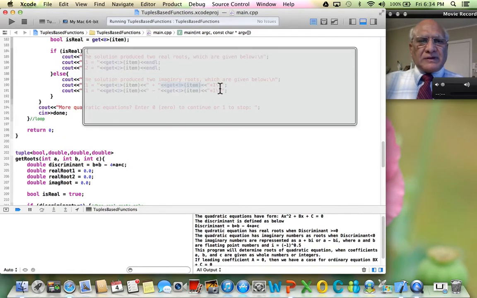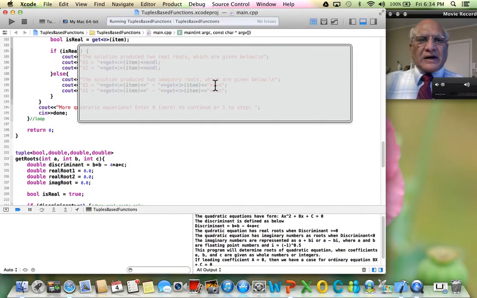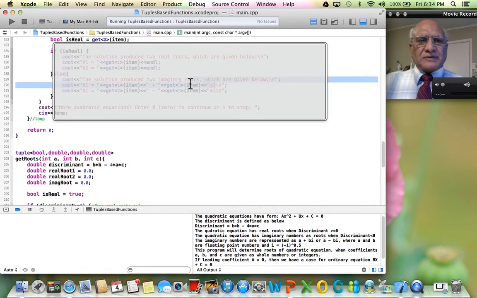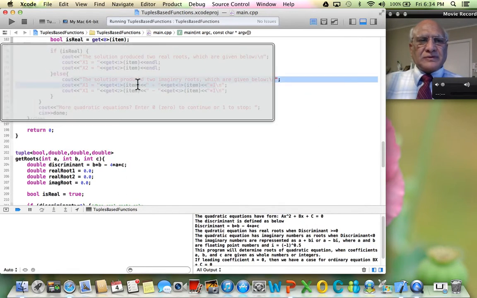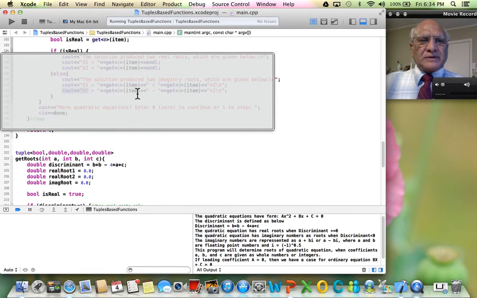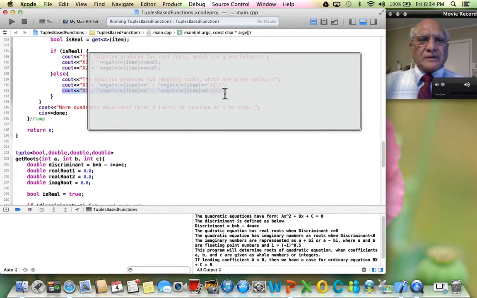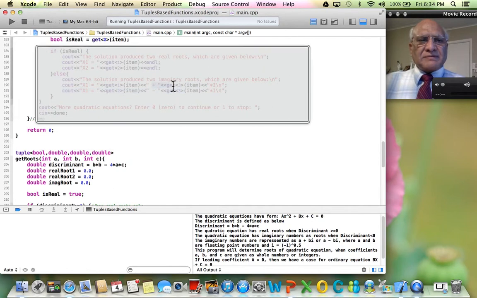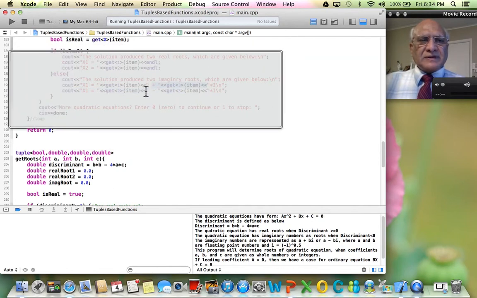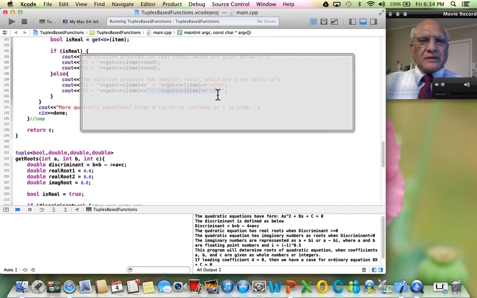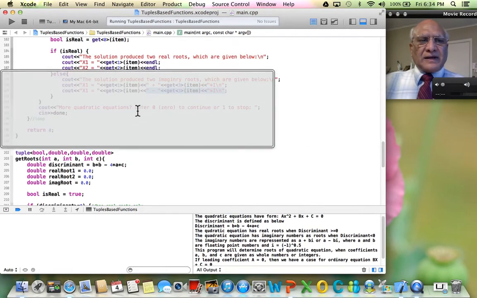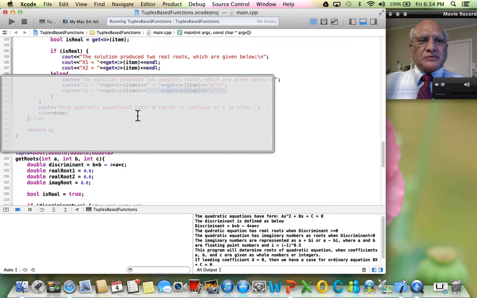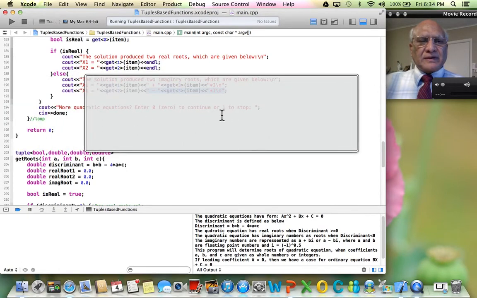And notice that we multiply with an asterisk and I is the square root of -1, which is placed with the imaginary part of the number. So we print the first imaginary root, and then we print the second imaginary root here. The only difference between the two roots really will be, in one case the imaginary number will be positive, in the other case the imaginary number will be negative. Okay. And then of course I have a loop here. If they want to do more, they can do that, and so on.